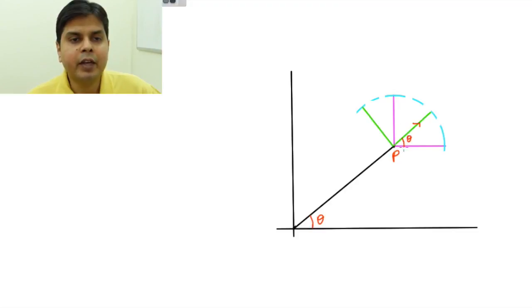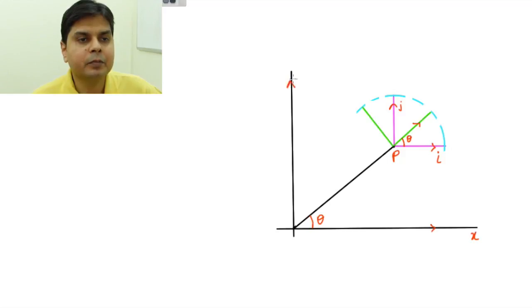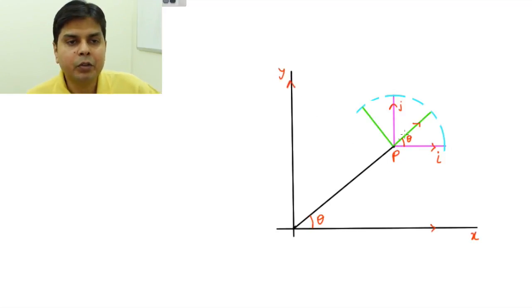And this violet line I have drawn is for my i-axis, this is the unit vector i, and this is the unit vector j. Why can I say they are i and j? Because this vector i is parallel to the x-axis, and j is parallel to the y-axis. So this green line is my r cap.